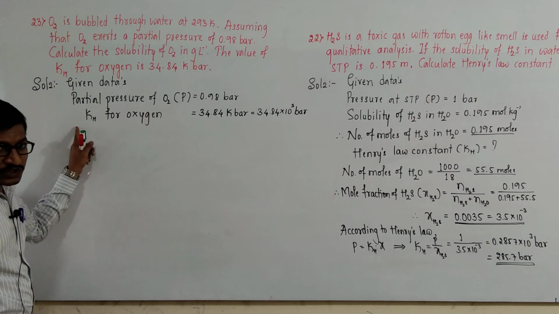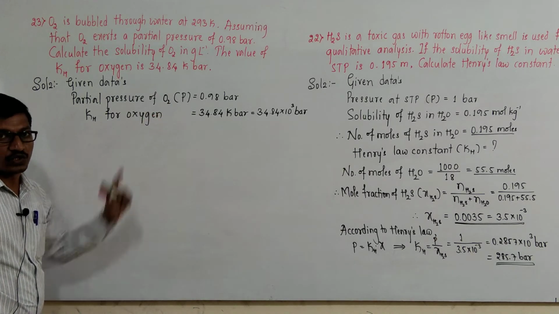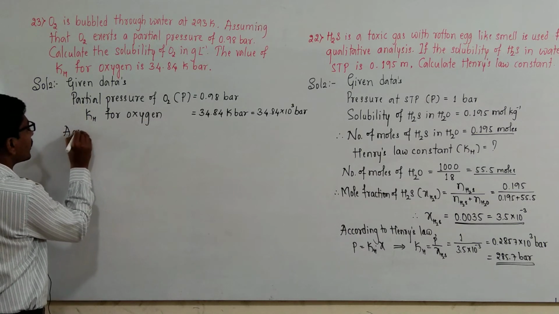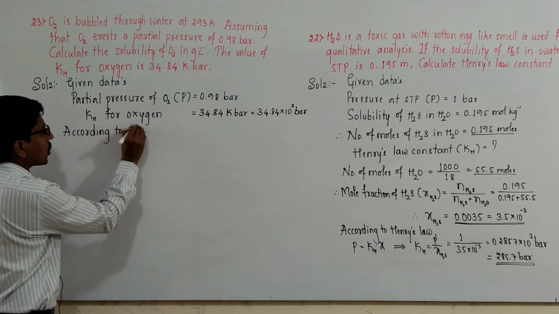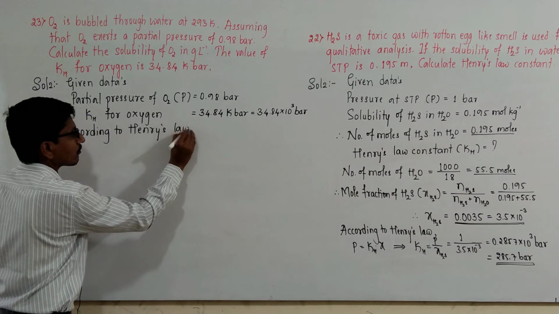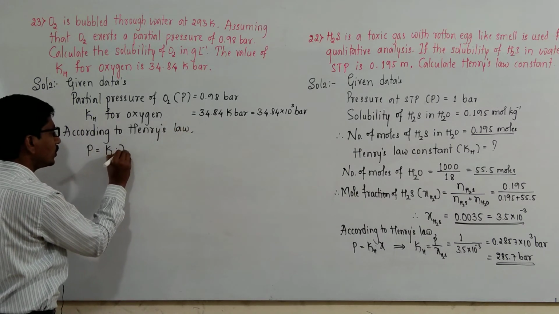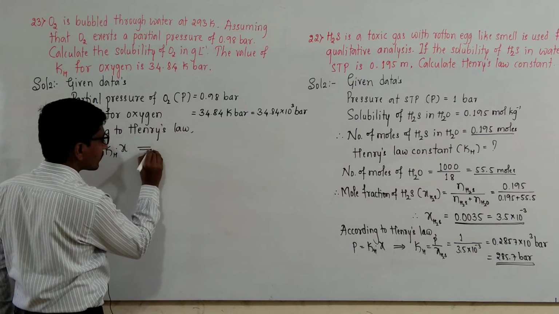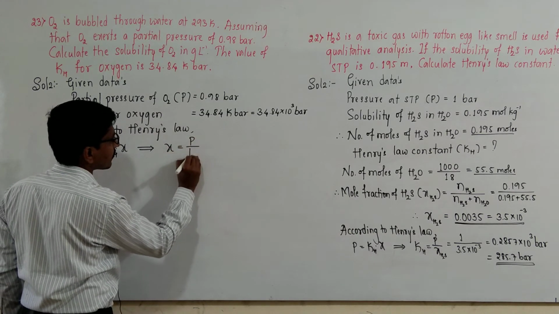Then first the mole fraction is calculated from these two known data. According to Henry's law, P is equal to KH into X. From this we have to calculate the mole fraction. X is equal to P by KH.